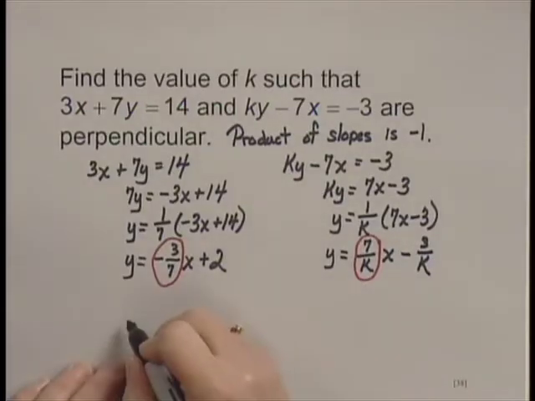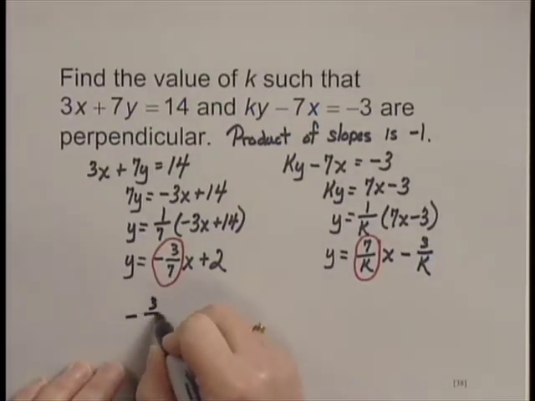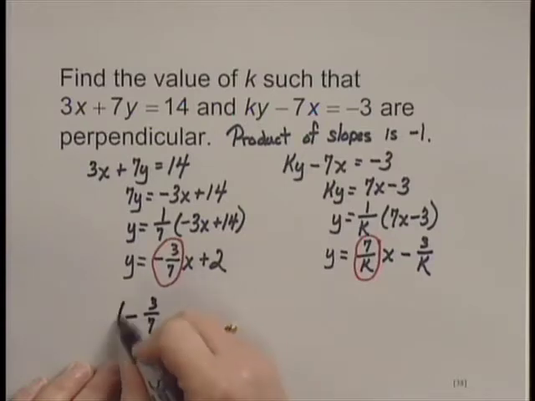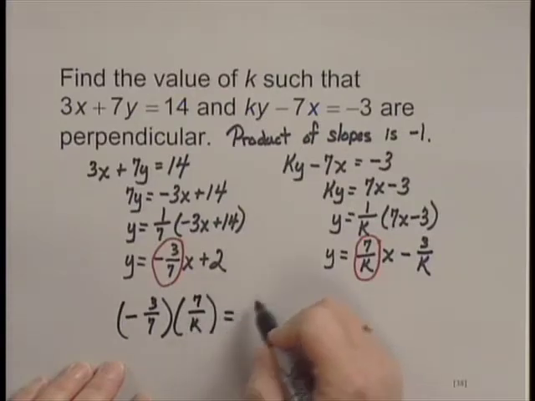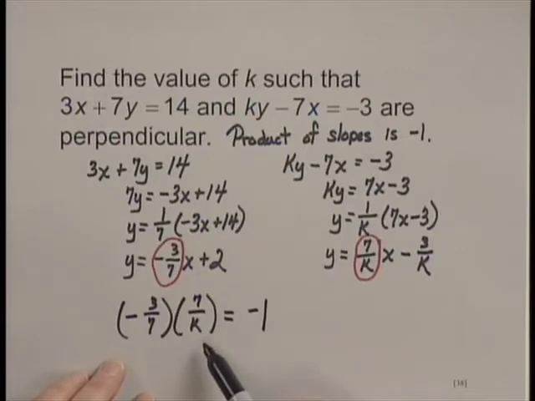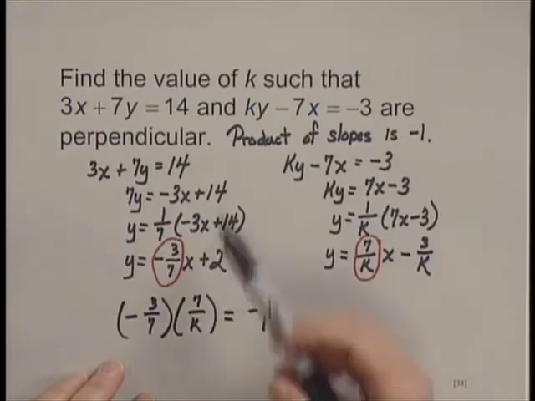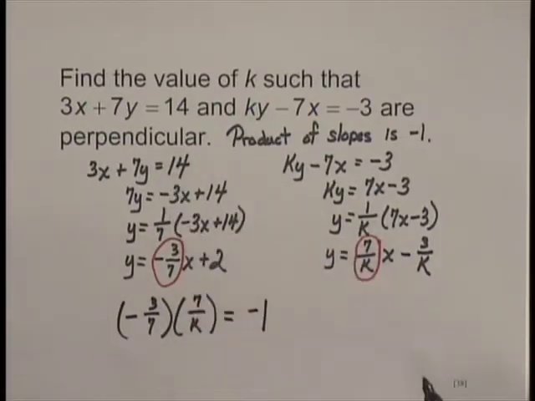That tells us that negative 3/7, which is the slope of the first line, times 7 over k has to equal negative 1. And if we can solve this for k, we'll be able to determine the value of k that makes those lines perpendicular.